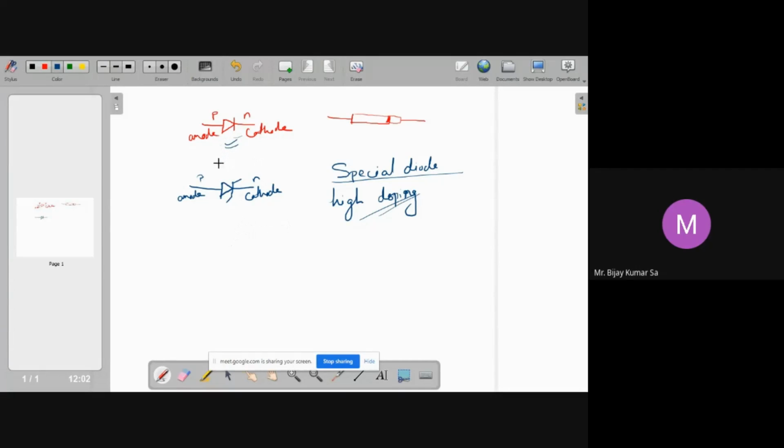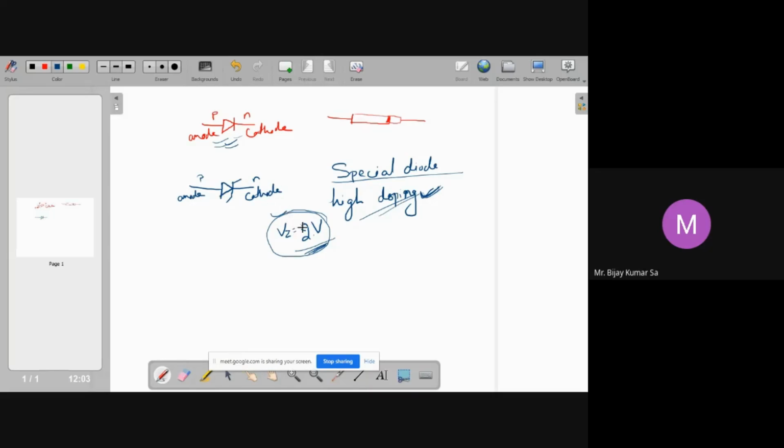Usually your normal diode will have a high zener breakdown voltage, typically around 15 to 20 volts, around 10 volts for a normal diode. But for this special diode, the zener diode, the zener breakdown voltage can be as low as 2 volts, just because of this high doping concentration which has been taken care of during the manufacturing of this zener diode.